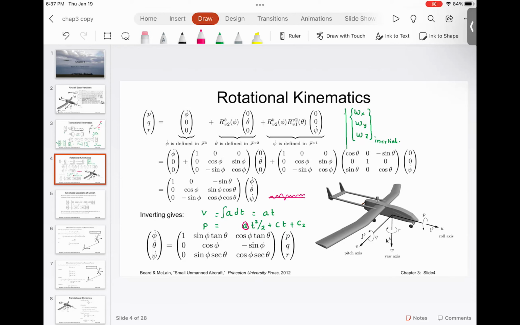So in robotics 1, if you recollect, this is the equation that I wrote.